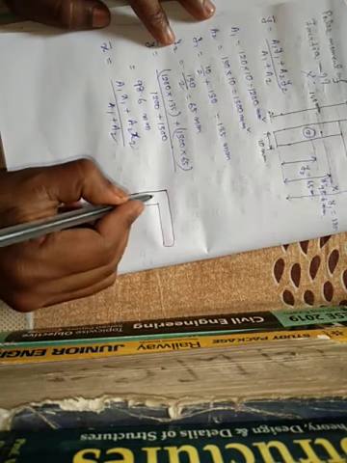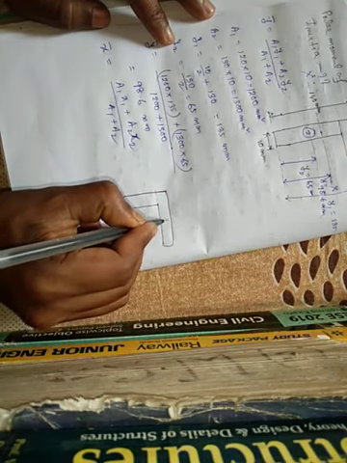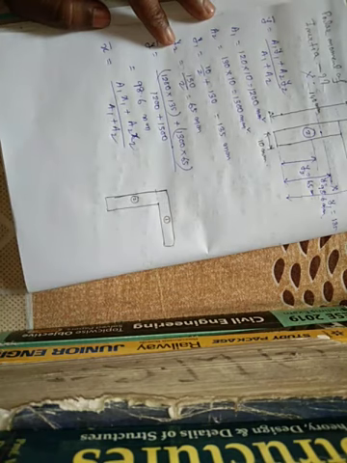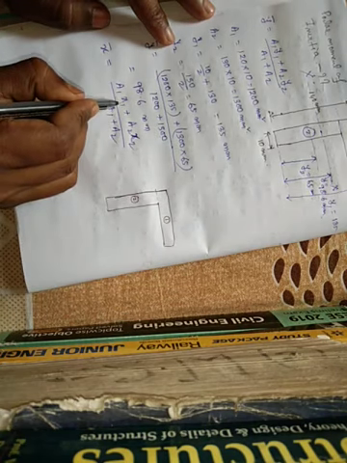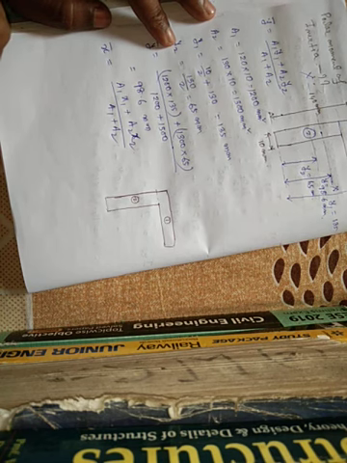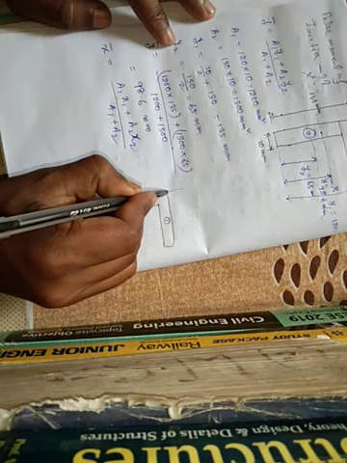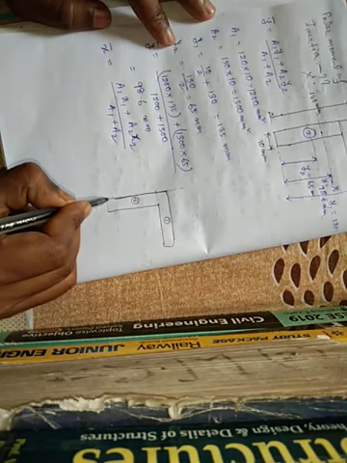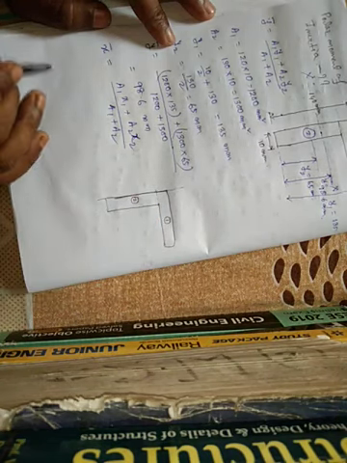Now say this is section 1 and this is section 2. Now find out x1 and x2. How can I find out x1 and x2? Let me consider this is the given axis.